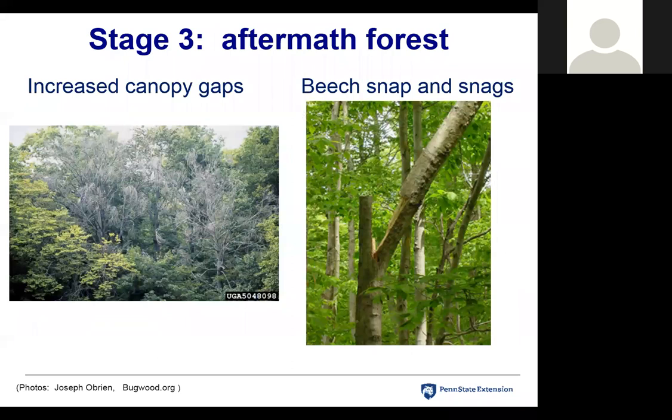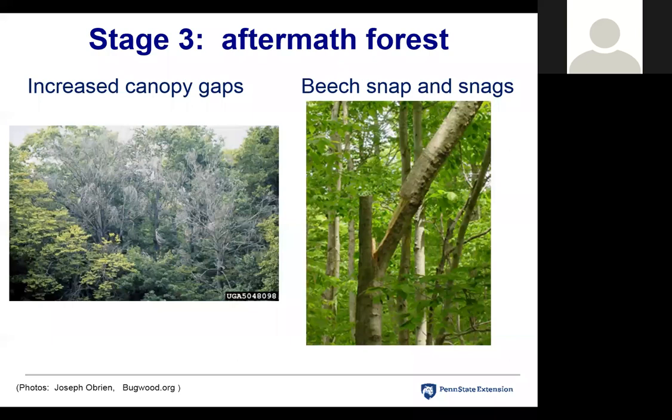This third stage, which I would say a lot of us are in right now, is what's called the aftermath forest. This is the period after you see the significant mortality of the overstory trees, probably 10 to 20 years after the killing front has moved through.